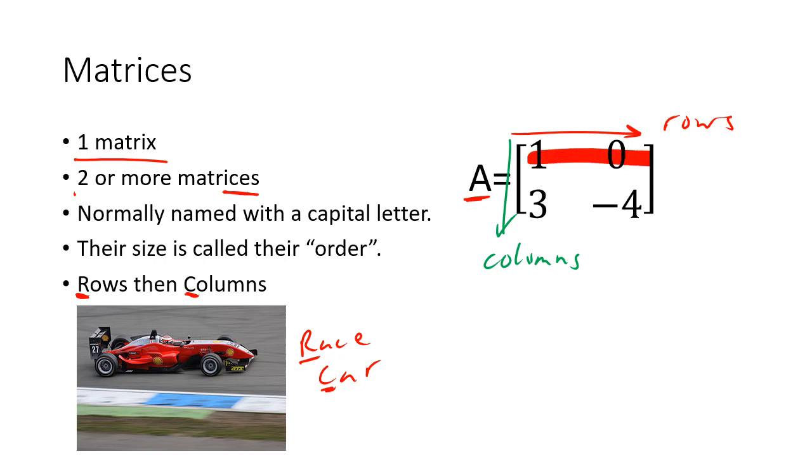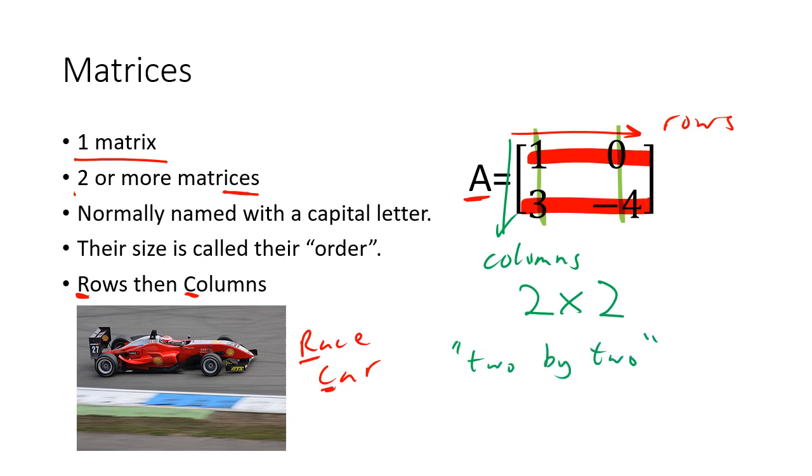So that's one row, two rows. So let's say 2 by, and then if we go back here, there's 1, 2 columns, so it is a 2 by 2. And when you say it, you'll say 2 by 2.